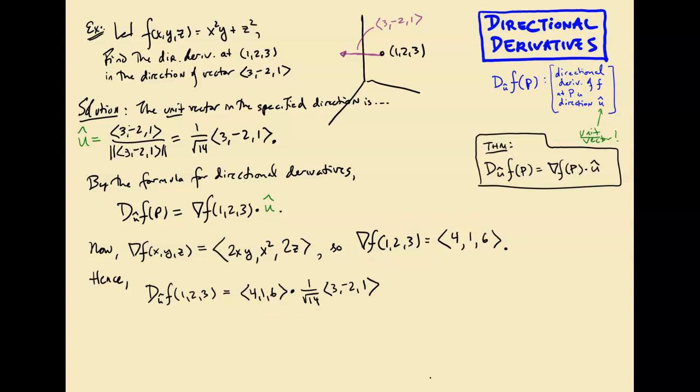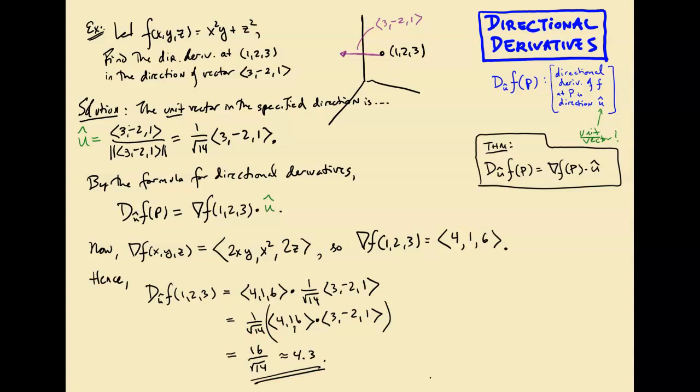You'll remember from the dot product lecture that we can pull constants like this out and take care of that last, so that this becomes 1 over root 14, 4, 1, 6, dotted with 3, minus 2, 1. As for the dot product, that's going to be 12 minus 2, which is 10, plus 6, which is 16. So when we put all that together, we are going to get 16 over root 14, which, in case anybody is interested, is about 4.3. So we have our directional derivative.